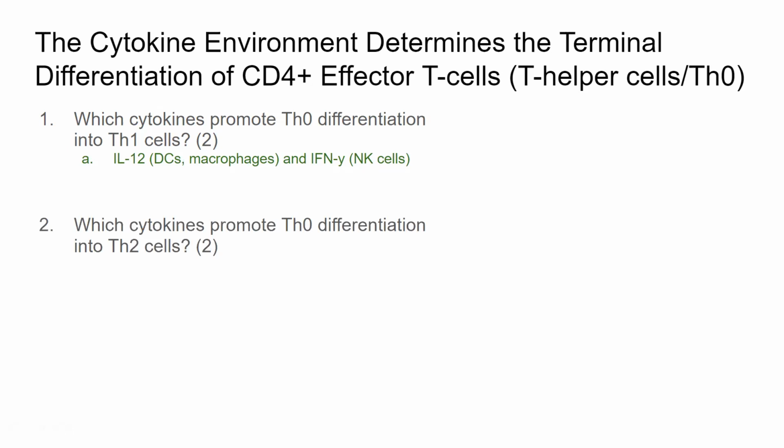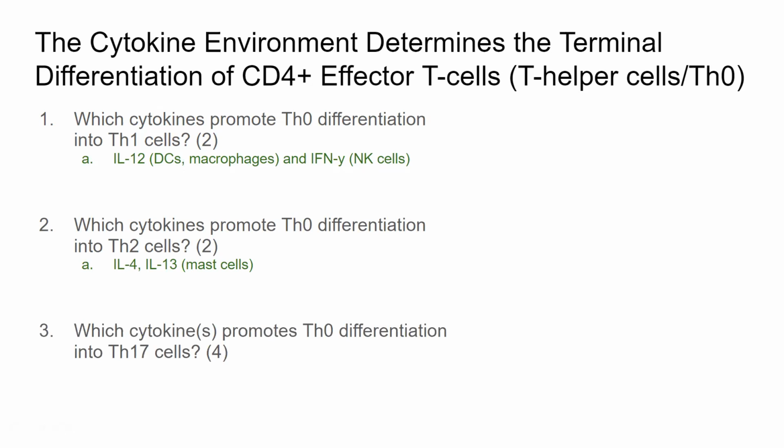What cytokines do differentiation to Th2? This is harder. IL-4, there's one more. 13, very good. IL-4 and 13. This is mostly done by mast cells, and this will make sense when we talk about what Th2 cells do. They're mostly against parasites and helminths, but now they just do allergies because those aren't a problem anymore. Which kind of sucks.